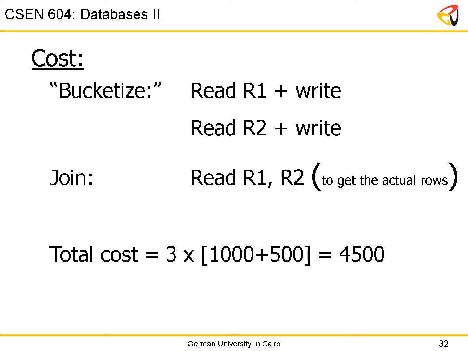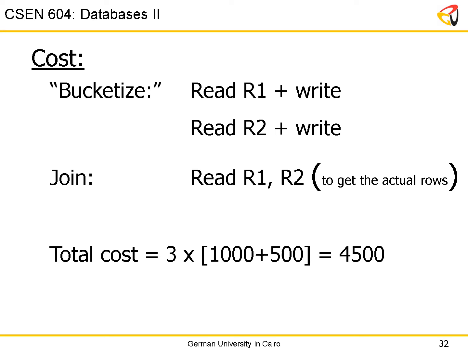So reading all of R1 is one type of I/O. Then writing all the buckets is another I/O. Then reading R1 again to get the actual row is another I/O. So we have 3 of them.